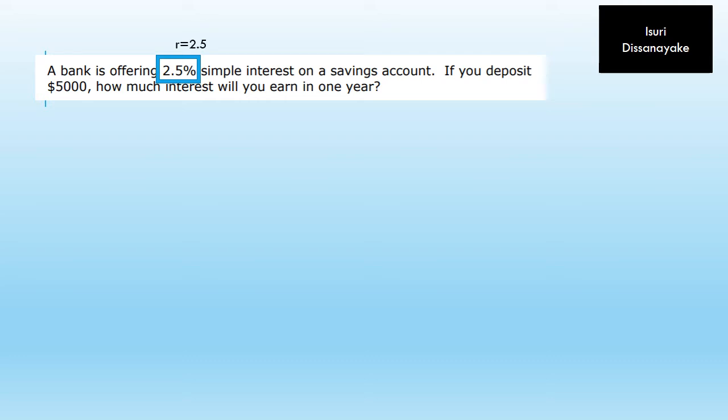This 2.5 is the interest rate, which is R. The amount that is deposited is $5,000. That is P, the principal amount deposited. In a period of 1 year, where T equals 1, they want you to find the simple interest.